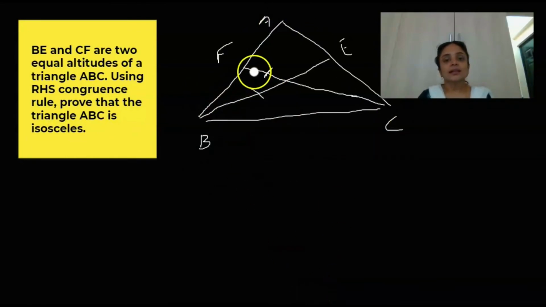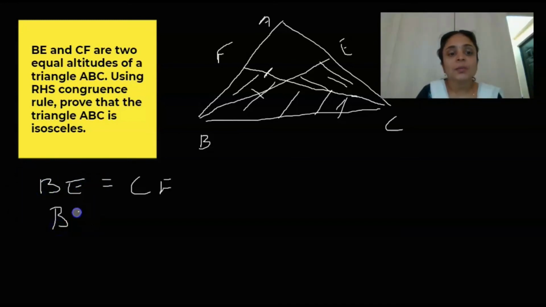So, let us take triangle BCF and triangle CEB, and let us prove that these two triangles are congruent. We are given that BE is equal to CF and BC is equal to BC, common.